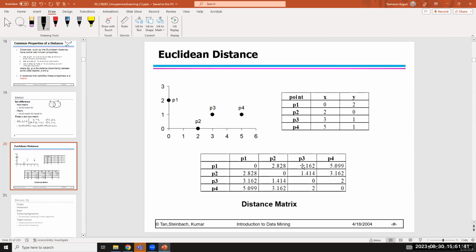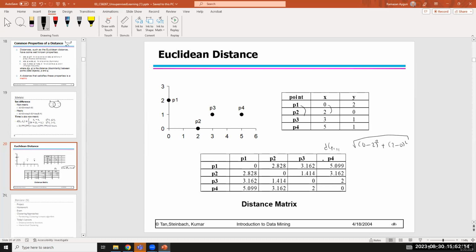Okay. So in this case, we have four data points: P1, P2, P3, P4. So you can plot them. These are the points you're going to get. And what you do is, when you find the distance between P1 and P2, you take the difference of each attribute and take the square of them, 2 minus 0, and take the square root of this.